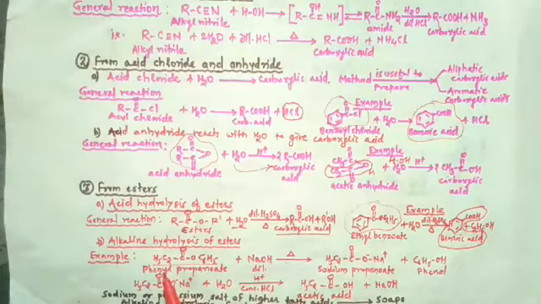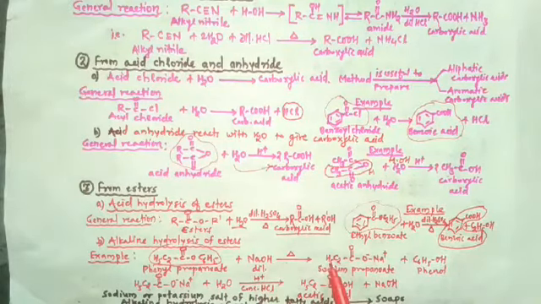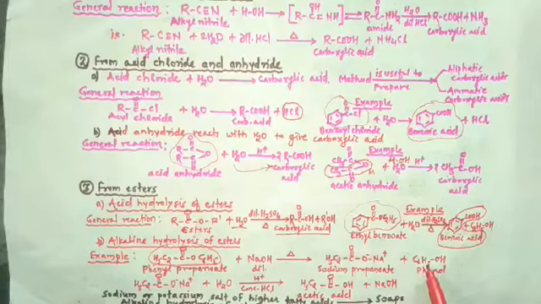Let's study one example. Here the ester taken is phenyl propanoate. Phenyl propanoate, when heated with dilute alkali like NaOH, produces sodium propanoate, and the byproduct formed is phenol.